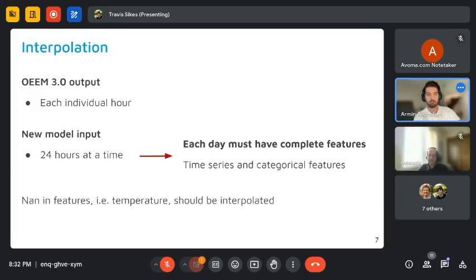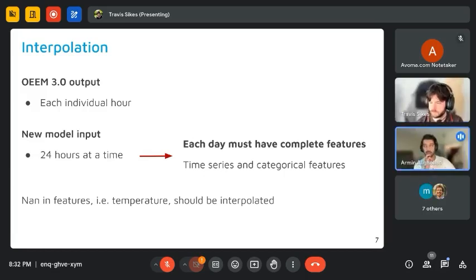I can comment on the first question, Travis, if you want. Go ahead. If we have a couple of missing data points, for example, for the reporting year, while we want to predict, we need that complete set.